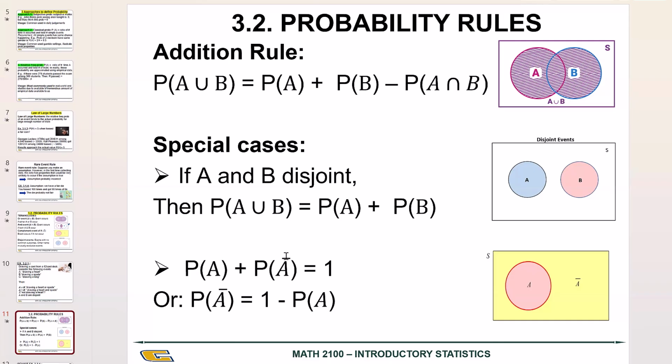So the probability of A plus the probability of A bar will be 1. You can also find the probability of A bar by taking 1 minus the probability of A.